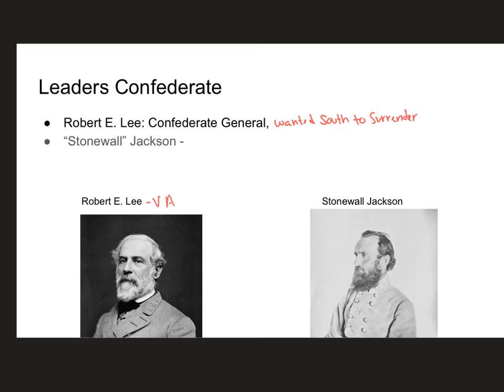He was known to be a very good general, very smart. Stonewall Jackson was the other one of the prominent Southern leaders, and he was known because he stood like a stone wall. So these are the two important people from the South that you should be familiar with.